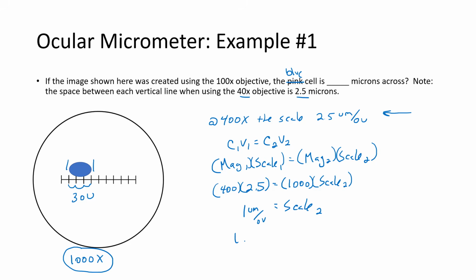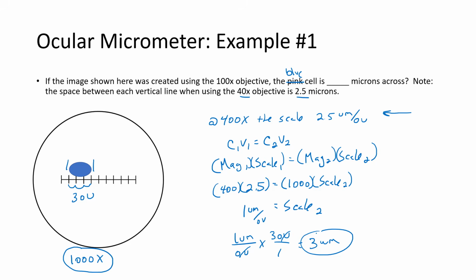We have the scale being 1 micrometer per ocular unit, and our specimen is 3 ocular units across. Ocular units cancel, and of course that would be 3 microns. So that's the answer. Our little blue cell there is 3 microns in length.